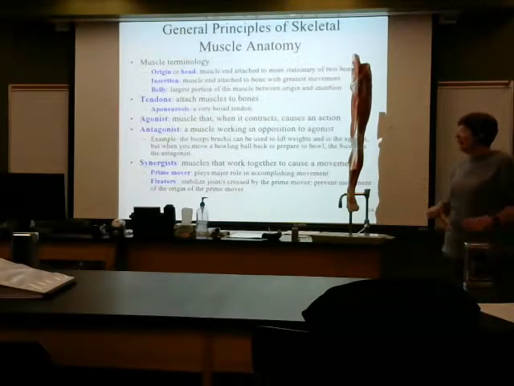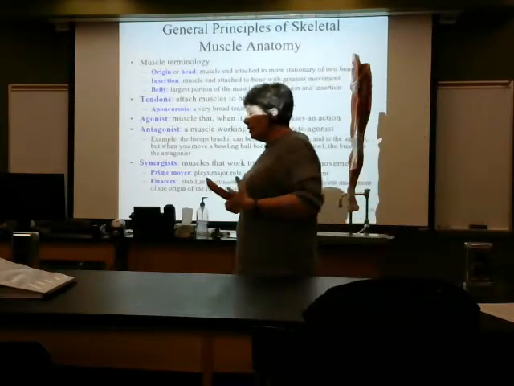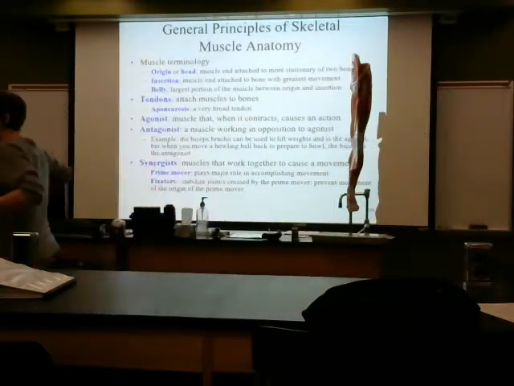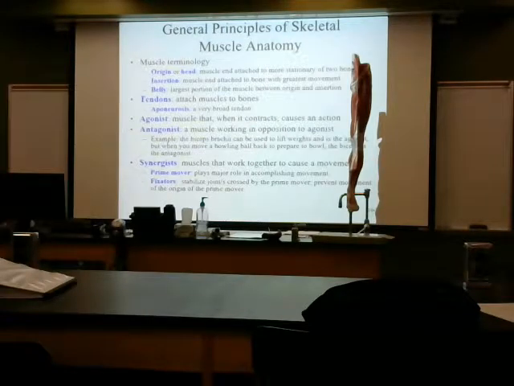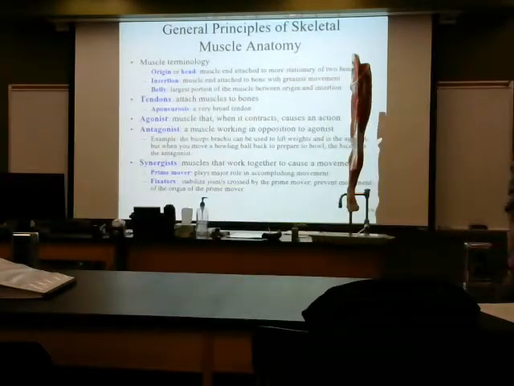In the abdominal area, where we have very broad tendons throughout this trunk portion of the body, those will be termed an aponeurosis. You'll see that term.